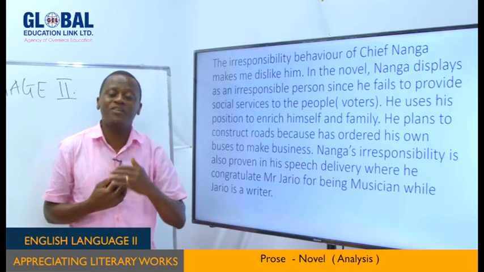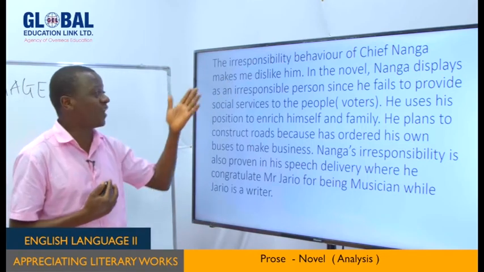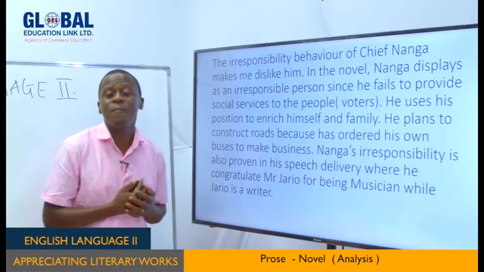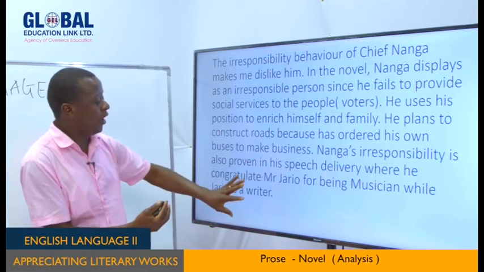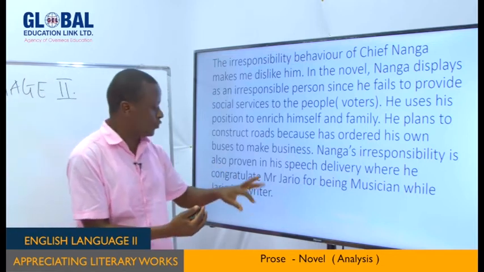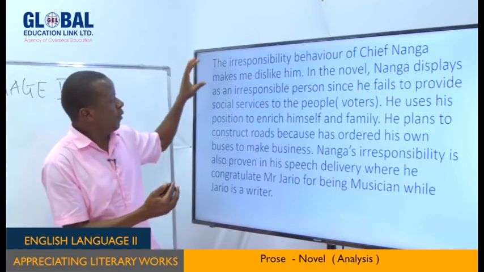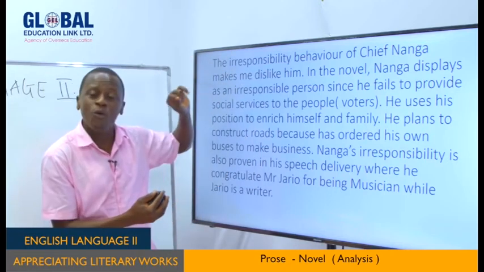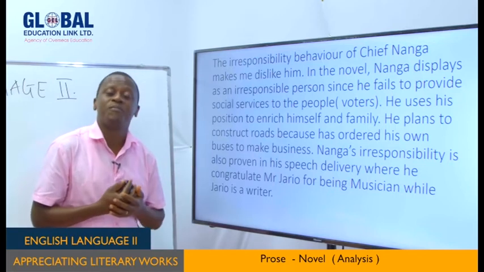Now, back to a society. Do we have people of Nanga's sort or Nanga's type who are irresponsible? So in your paragraph, you should add like two to three sentences showing that irresponsible leaders are also present. Not all, some.